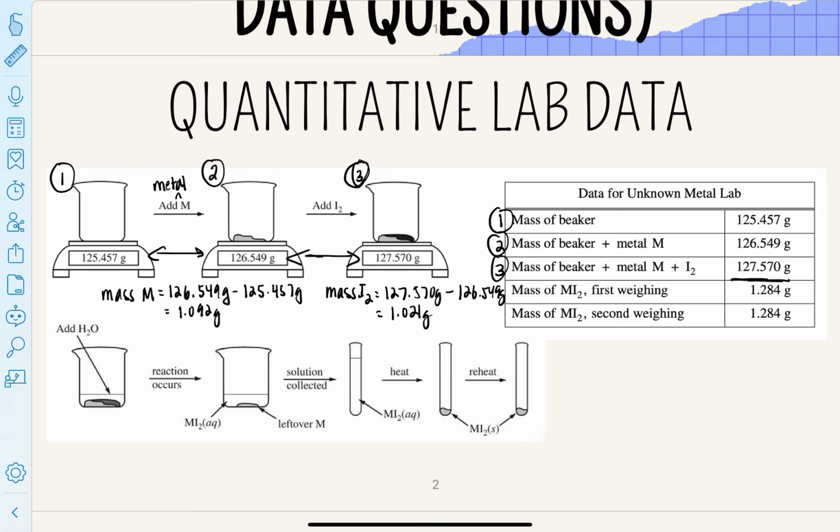As we go on in this experiment, you can see I'm creating some sort of ionic compound, which is a combination of a metal and a nonmetal. And I've added in this next part where it says added water.